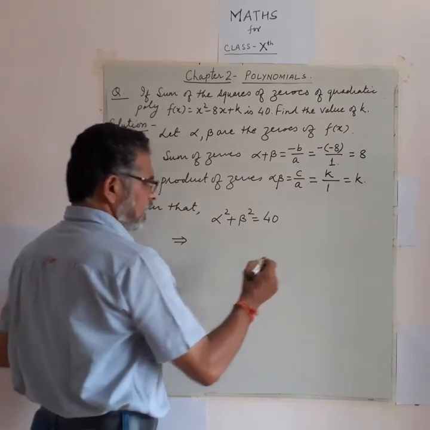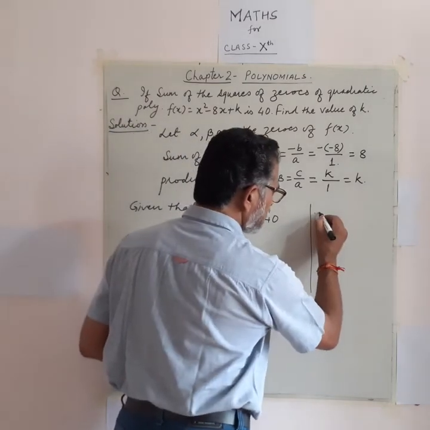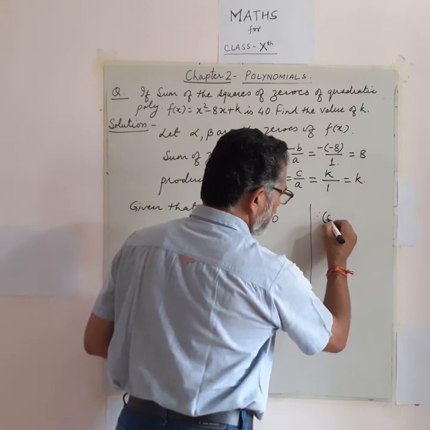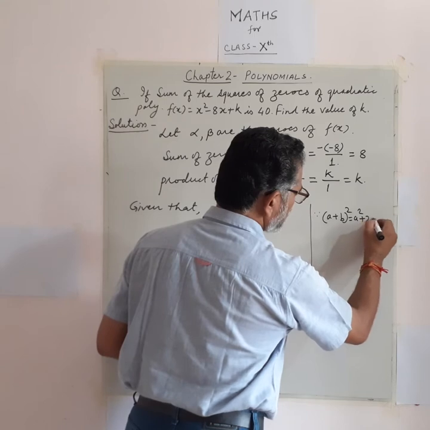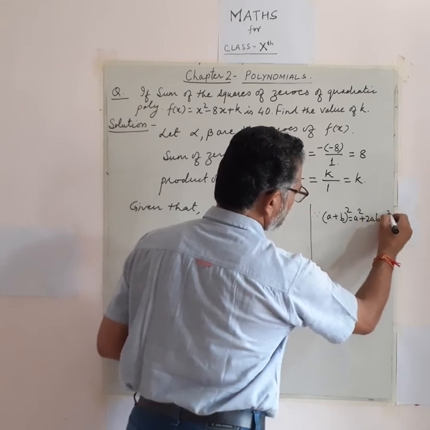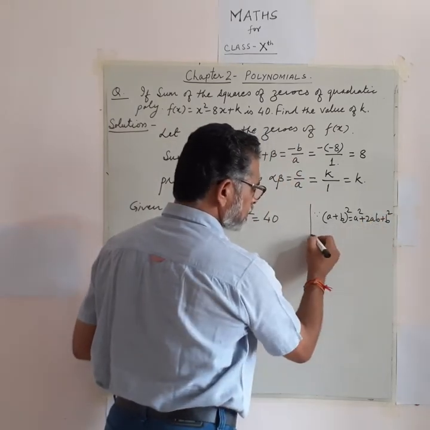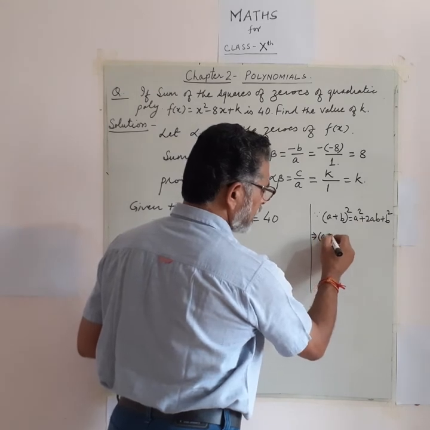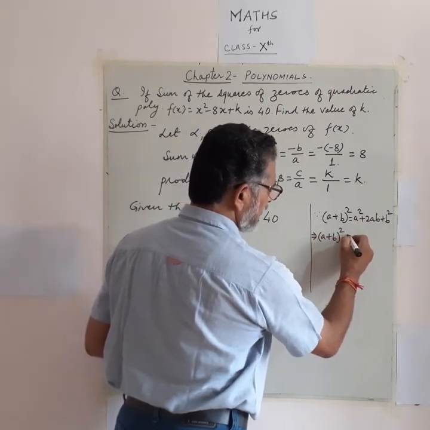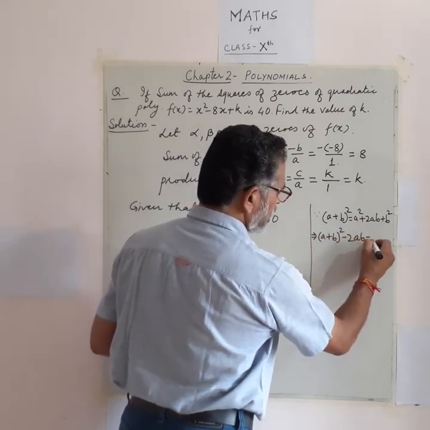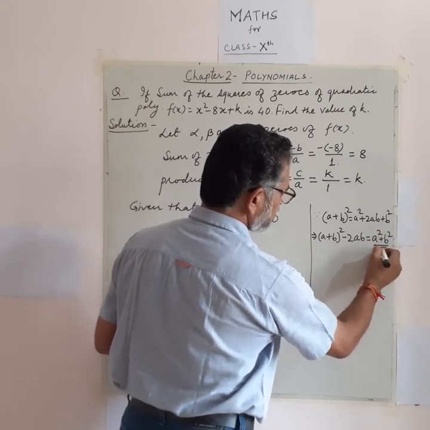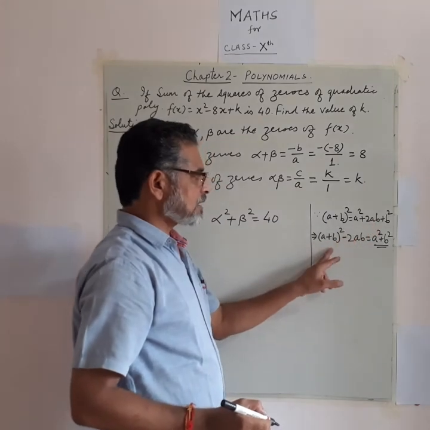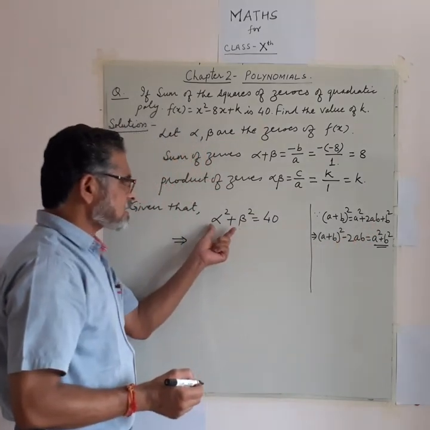So how do we write this? We have an identity: a plus b whole square is a square plus 2ab plus b square. If we transpose 2ab to the left side, what do we have? a plus b whole square minus 2 a into b equals a square plus b square. We transposed 2ab, so this form is in the form of a square plus b square.